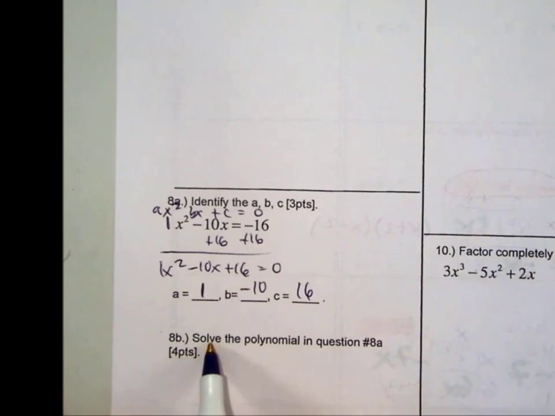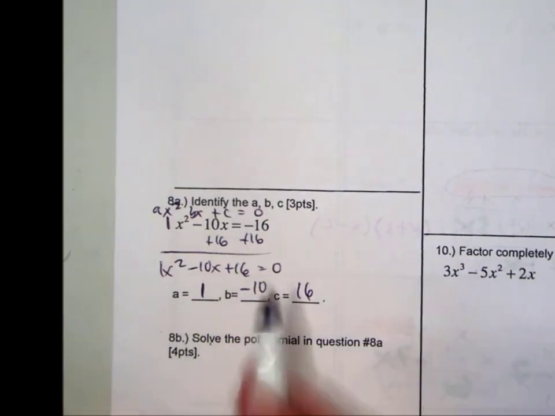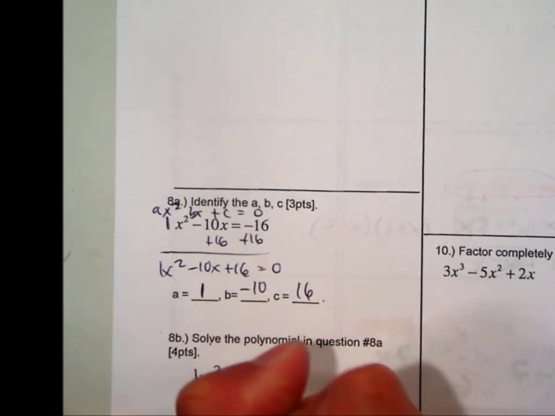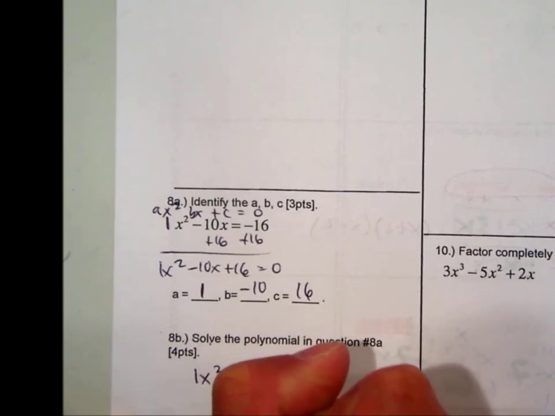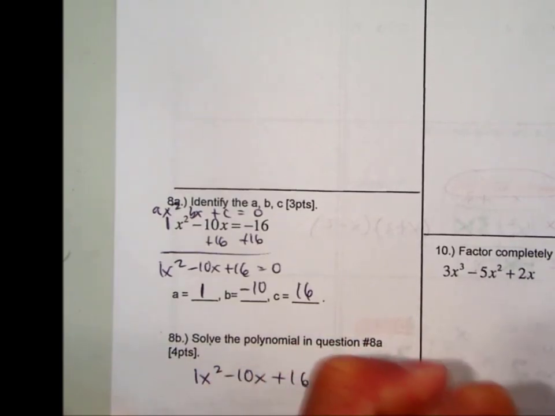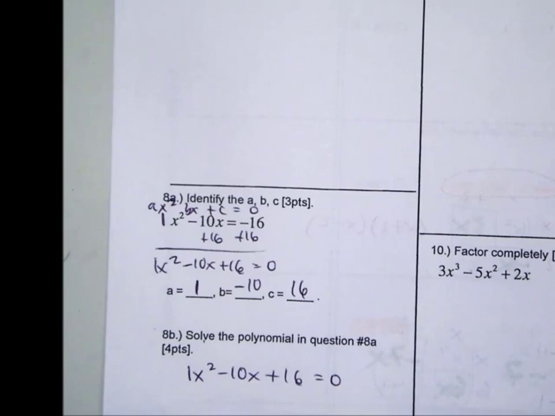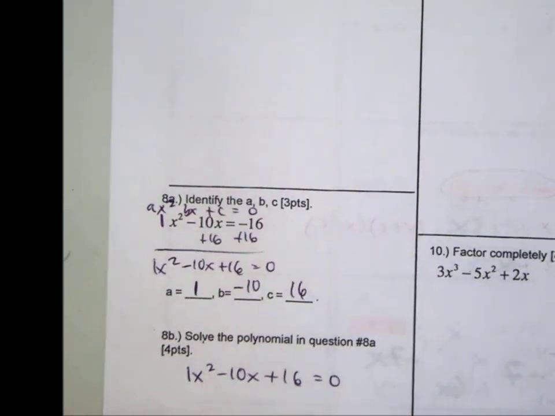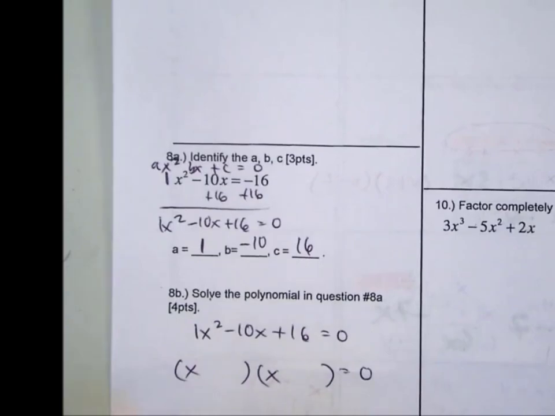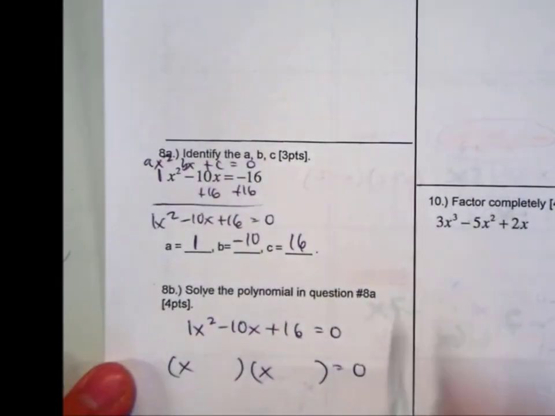Now it says solve. Now some students said you can use quadratic formula, but I want you to specifically solve it by factoring, and I'll change those directions for tomorrow's test. So when you factor this, you can do the x in the box, that's fine.